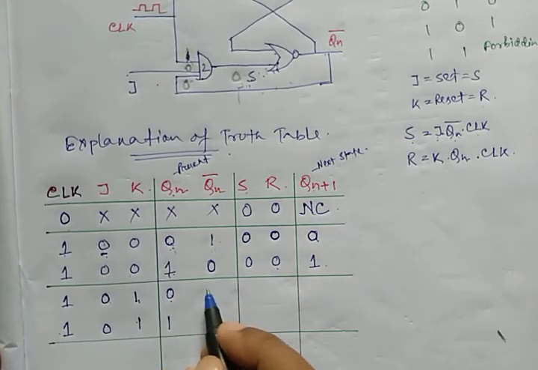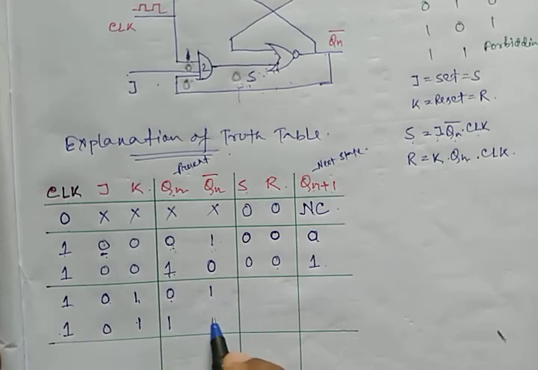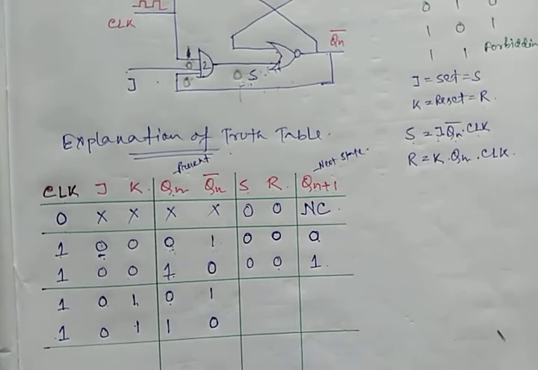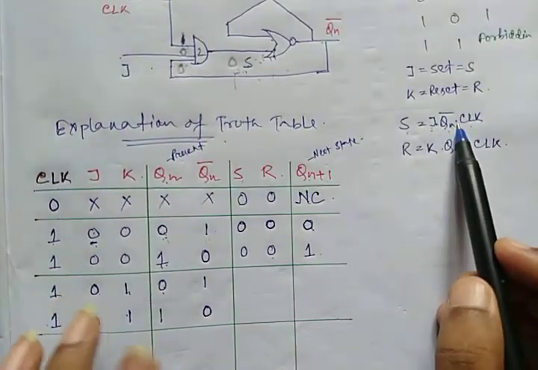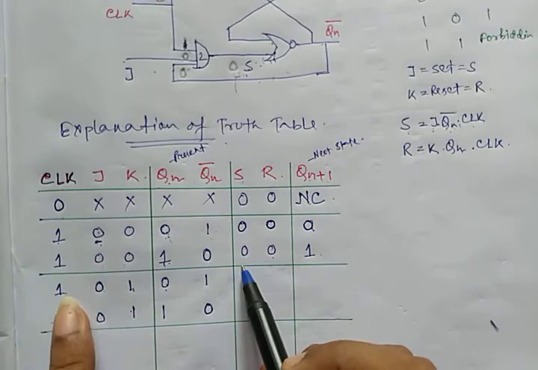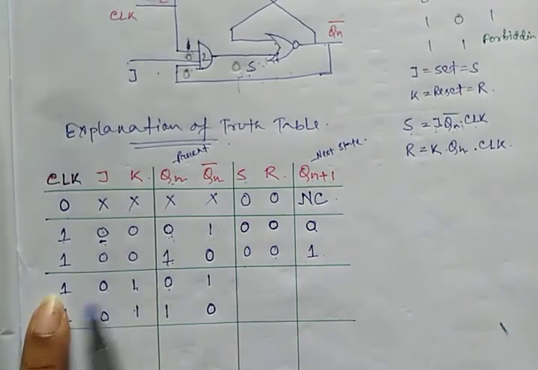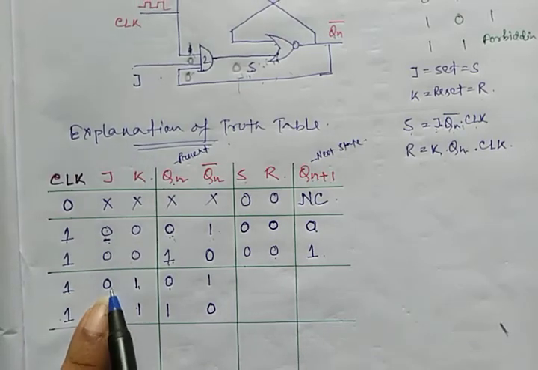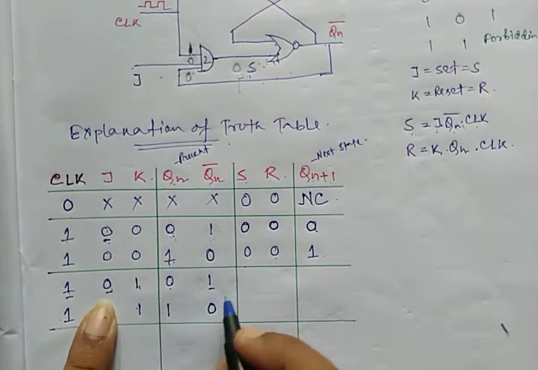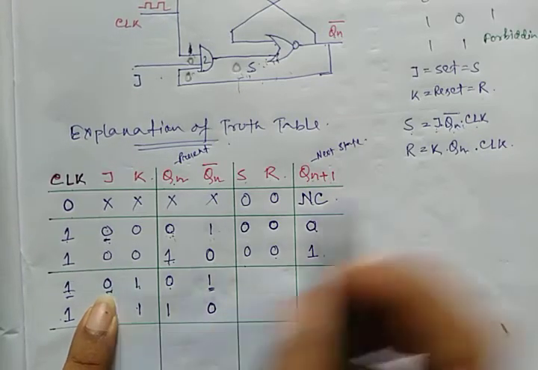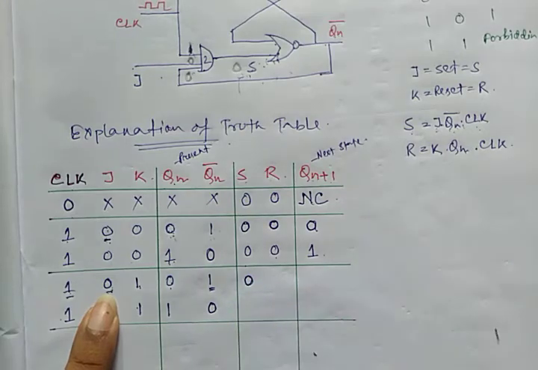So when Qn is 0, Qn bar is 1. Now we can check using this condition directly. For the S value we have J, Qn bar, clock. For the S value, clock is 1, J is 0, Qn bar is 1. That means 1, 0, 1. One input signal is 0, so as it is an AND operation, the S value is 0.